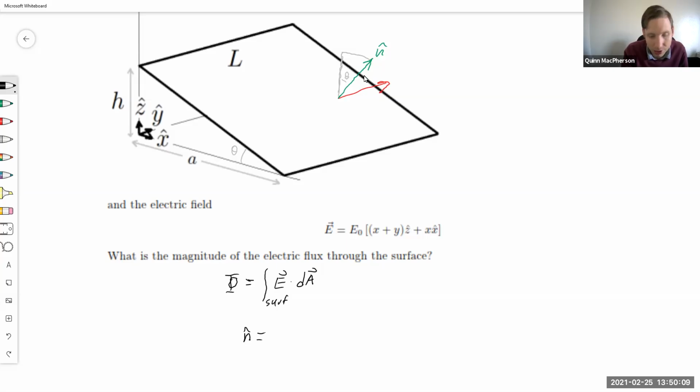So n hat is H over the square root of A squared plus H squared in the x hat direction, plus A over the square root of A squared plus H squared in the z hat direction.